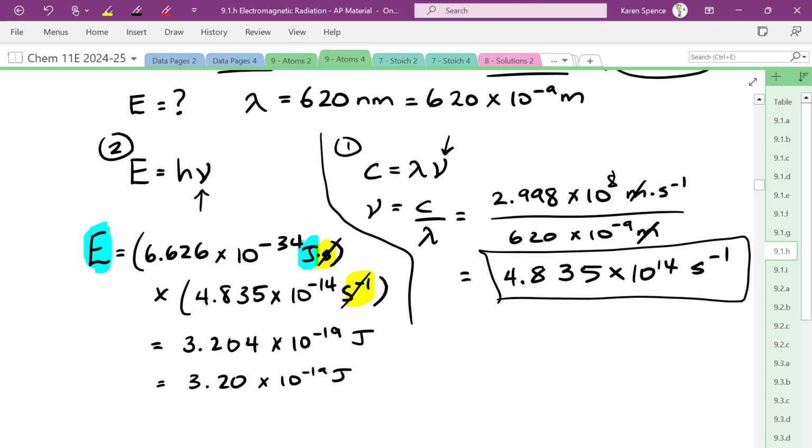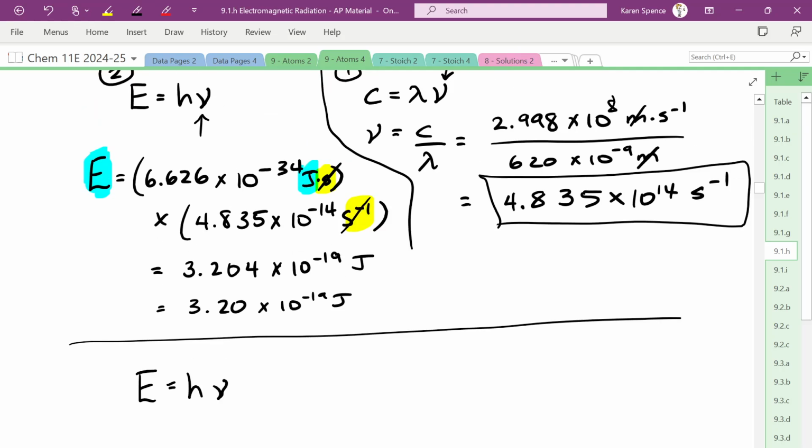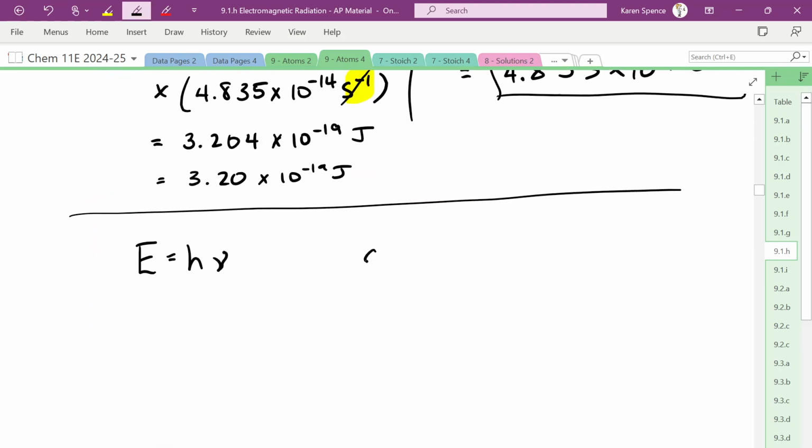Now, this seems like a lot of work to me. So here's what you can do instead, should you so desire. We're going to take our E equals h nu, and we're going to take our c equals lambda nu, and solve for nu, which is equal to c over lambda.